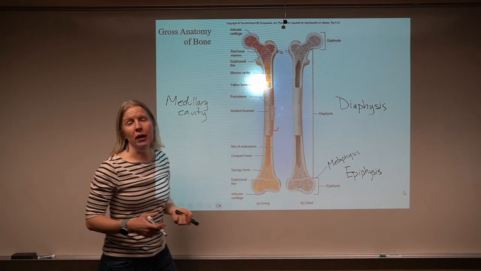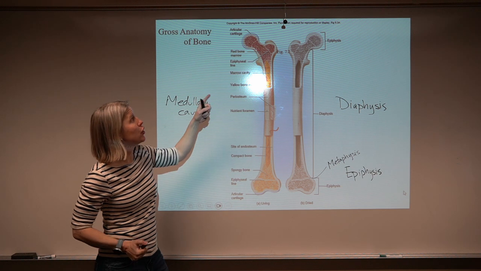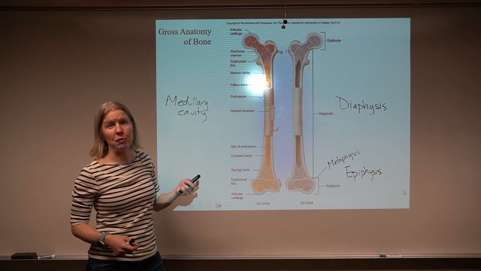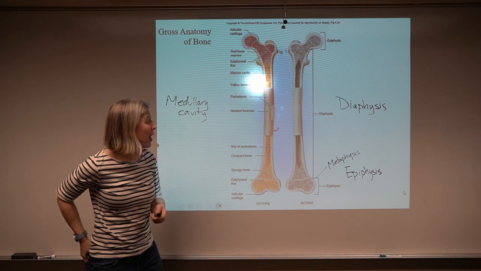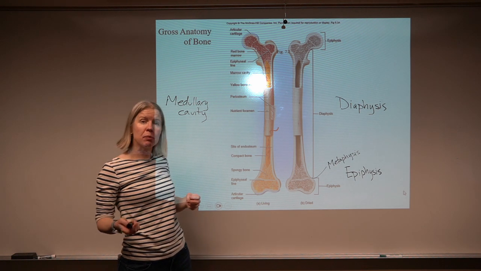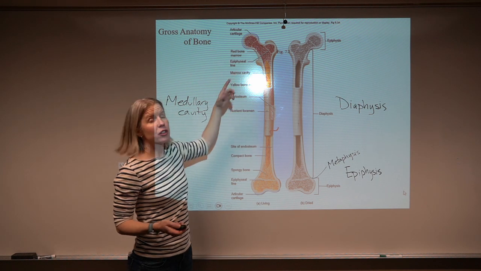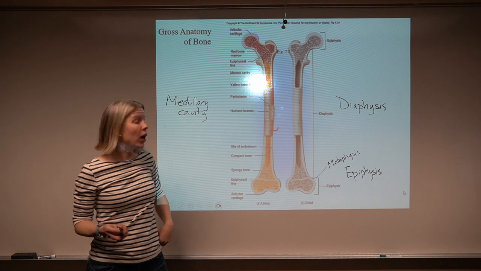The red bone marrow then in adulthood is primarily restricted to the spongy bone, right? So to the epiphyses and to some of our flat or irregular bones. So if someone needs a bone marrow transplant, typically their donor is going to be an adult. Take samples from places like the iliac crest.